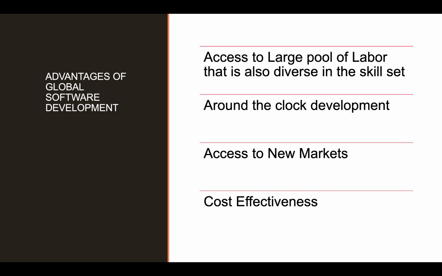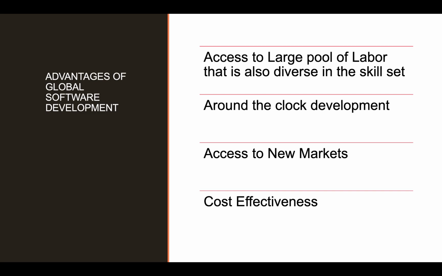When it comes to global software development and global requirements engineering, there are advantages that come with it. Some of these advantages include access to a large pool of labor that's also diverse in skill set, and I feel like with this kind of access, a development company can get the best of the best when it comes to labor.